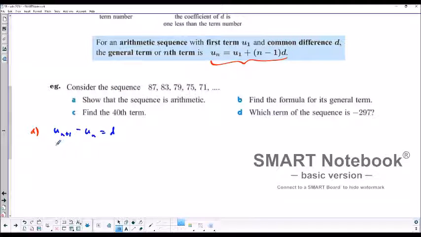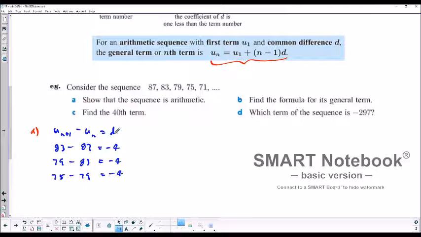So what we need to do is take 83 and subtract 87. That's going to give us -4. Then we try the second set of subsequent numbers. 79 minus 83, again, -4. We could try it one more time just to be sure. And again, we get -4.